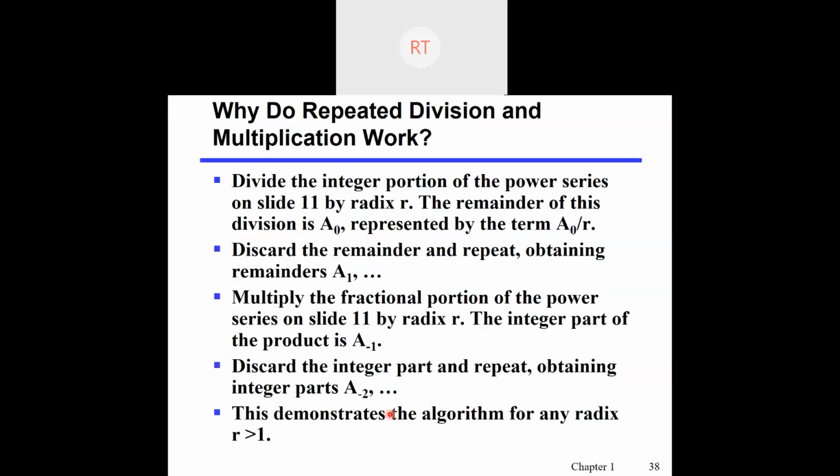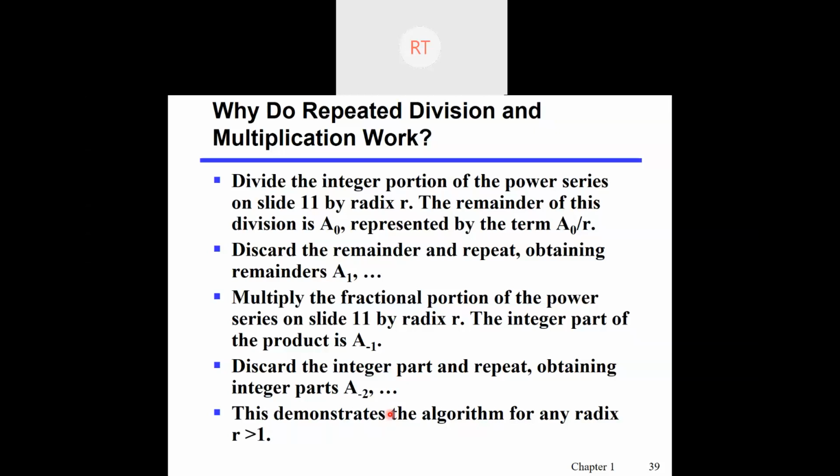Okay? Now, how does repeated division and multiplication work? When you divide the integer portion by the base, depending on what base you are going to convert to. It could be base 2, you multiply by 2. Base 8, you multiply by 8. Base 16, you multiply by 16.